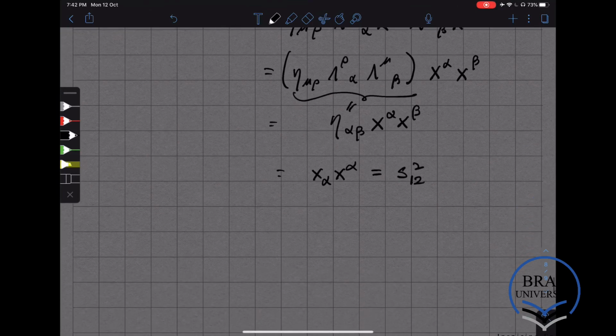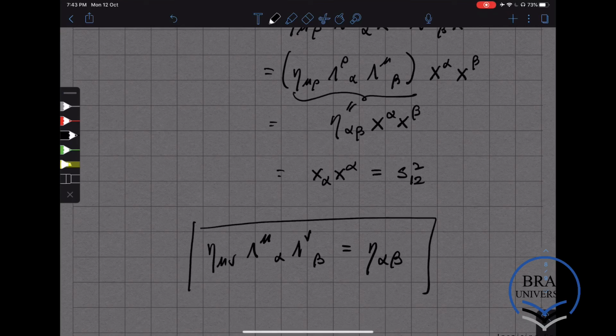So in other words, the interval being invariant implies that the Lorentz transformation matrices must satisfy this relationship: η_μν Λ^μ_α Λ^ν_β equals η_αβ. This is the transformation that they have to satisfy.